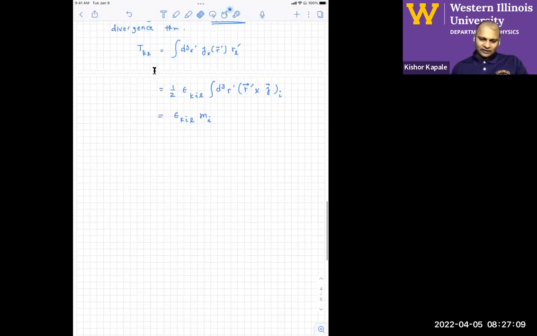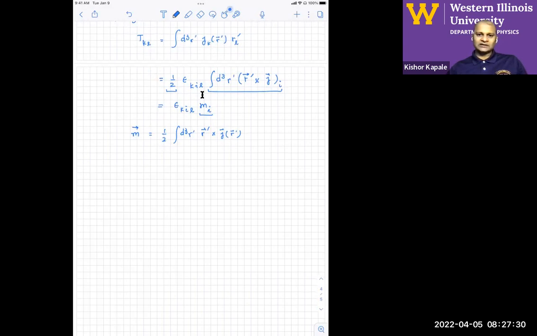So this integral we're going to call M_I, essentially, along with the half factor. So the M vector can be written as half the volume integral of r prime crossed with J prime as a function of r prime.